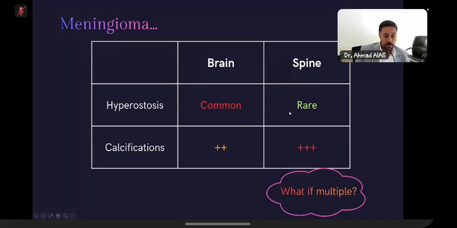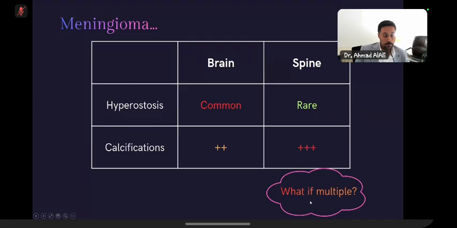It's rare in the spine to see hyperostosis, but if you see a meningioma in the brain, you should look in the CT scan images in the bone window for hyperostosis, or at least mention that to the examiner. Calcifications happen elsewhere in brain meningiomas, but they are more common in spine meningiomas. So look there for them in both cases, with more focus in the spine images.